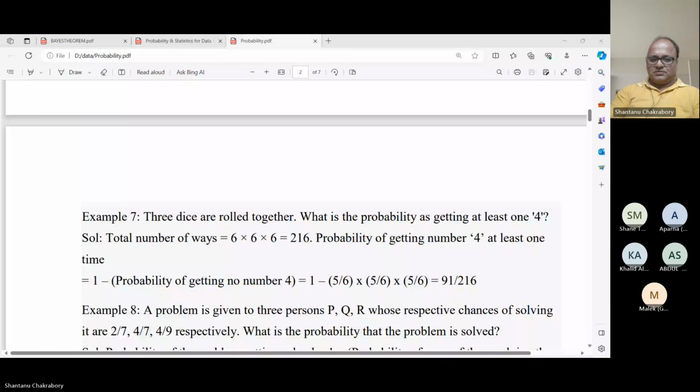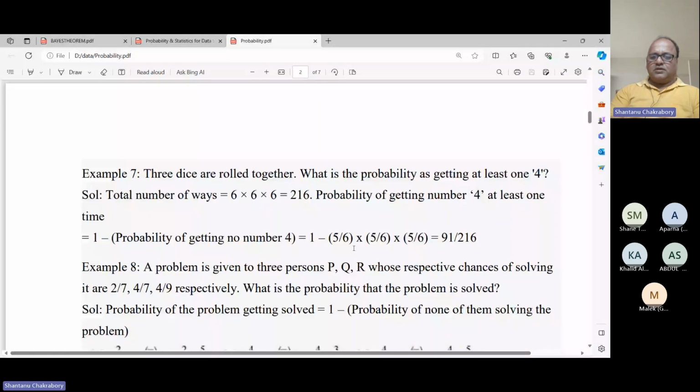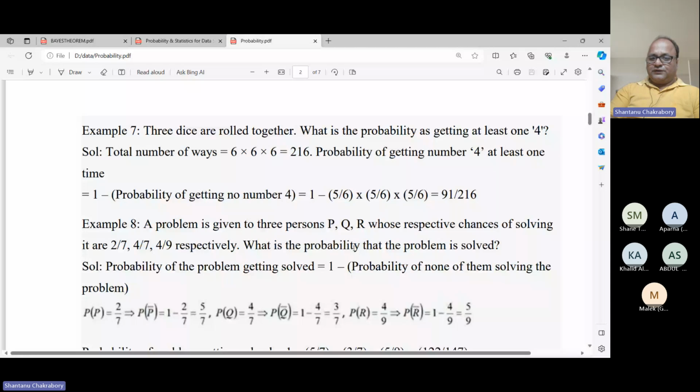Let me check. So here, the probability of solving the problem by the first person is 2 by 7, so 1 minus 2 by 7. The probability of solving the problem by the second person is 4 by 7, so 1 minus 4 by 7. The probability of solving the problem by the third person is 4 by 9, so 1 minus 4 by 9.